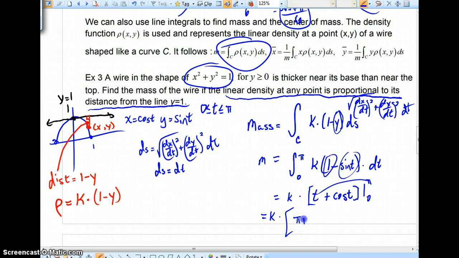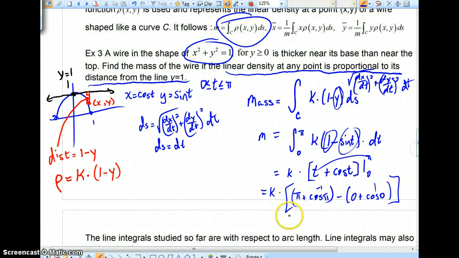You'll get pi plus, well, the cosine of pi is going to become negative 1. Don't think that the 0 we can just ignore. The t equaling 0 is going to cancel out, but the cosine of 0 is 1. So you are going to be left with k times minus 1 and another minus 1, which will be minus 2. This is your mass.